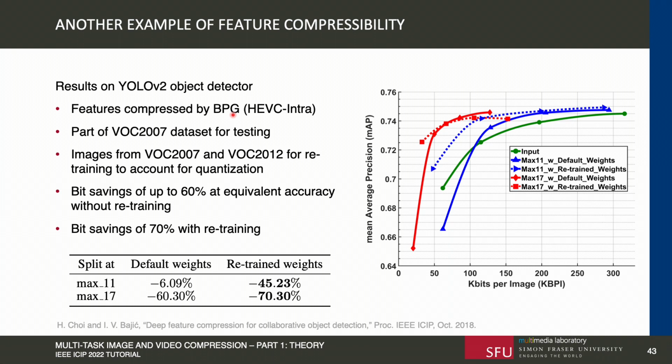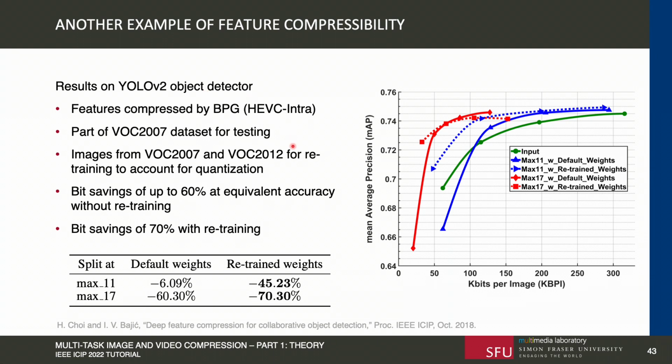In the experiment, YOLO version 2 was split at 2 different points, max pooling layer 11 and max pooling layer 17, and the same kind of experiment as mentioned previously was conducted, measuring the file size versus mean average precision, which is the usual accuracy metric for object detection.